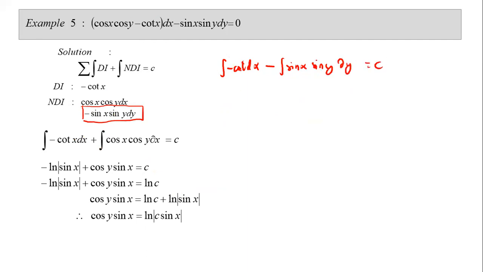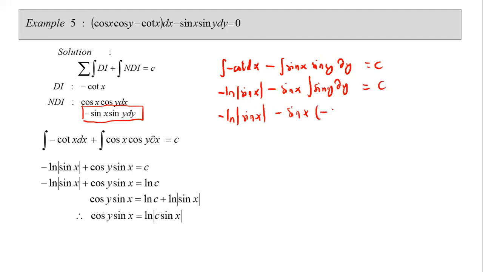Again, the integral of negative cotangent x is negative ln sine x, then minus, you are integrating with respect to y, you can throw this out, sine x sine y dy equals c. The negative ln sine x minus sine x, all right? And then you know that the integral of sine y dy is negative cosine of y, then equals c.